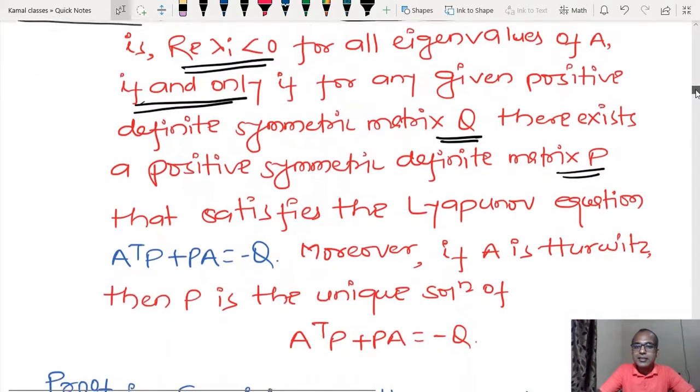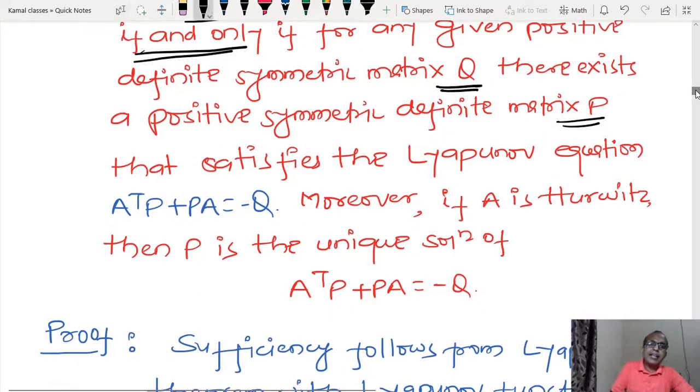If and only if means either you can fix A as Hurwitz, meaning you have a stable system, then if you select Q, there always exists a P. And if there always exists a P, I can construct the Lyapunov function. Another way, now there is no need to check whether A is Hurwitz or not.